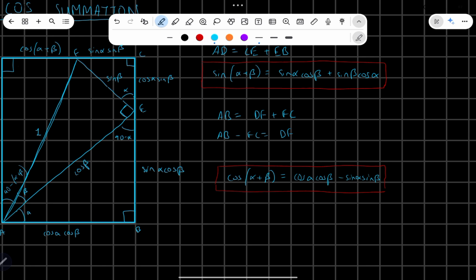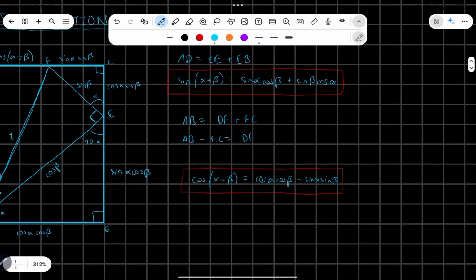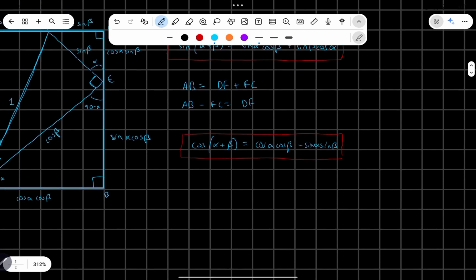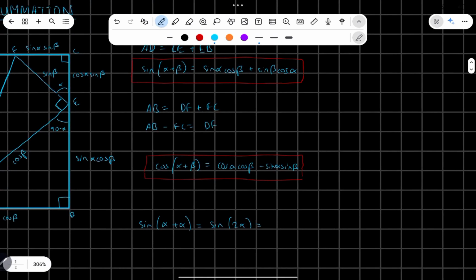Okay, now I want to quickly go over what happens if alpha and beta are the same. So for the case of sine, I'm trying to find sine alpha plus alpha, which is the same as sine 2 alpha. So here I'm trying to work out what sine 2 alpha is. And that's just going to be sine alpha cos beta. And in this case, cos beta is just cos alpha.